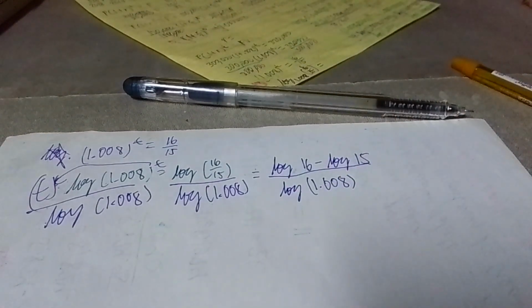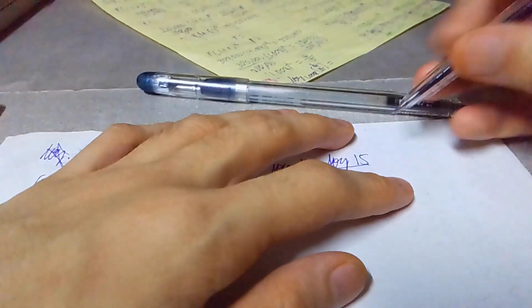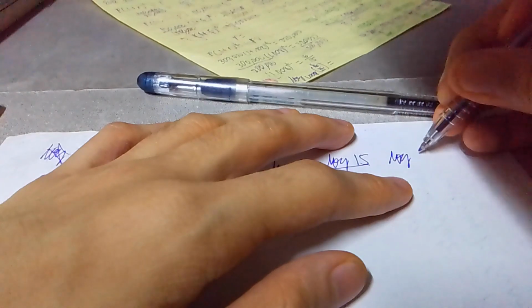And the log base 10 of 16, this can be simplified to 2 raised to the 4th power, and log base 10 of 2 is 3.01.